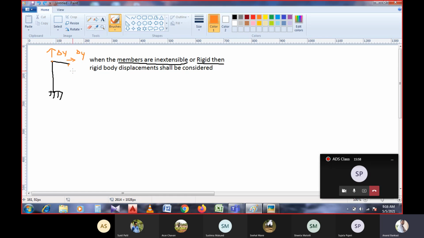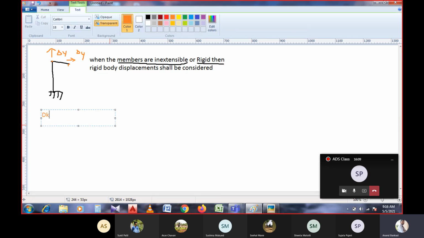So if you have a calculation regarding this, how do you calculate for the member when it is considered for the degree of kinematic indeterminacy? The degree of kinematic indeterminacy shall be considered when it is a frame or a beam. We have three reactions in each joint, 3j.